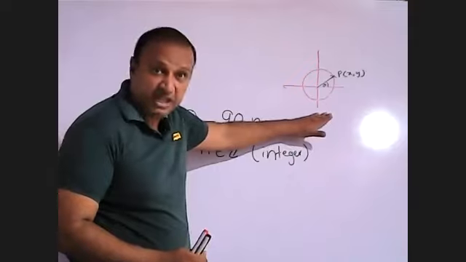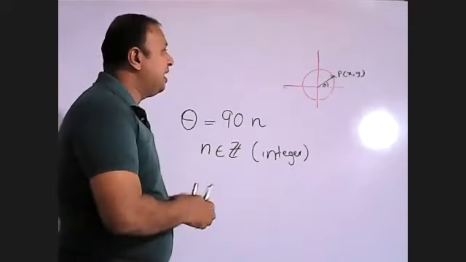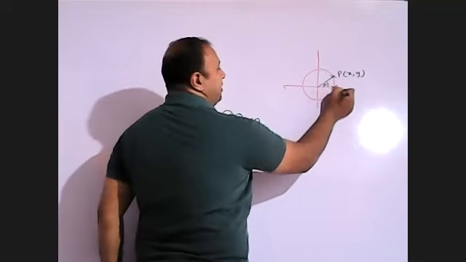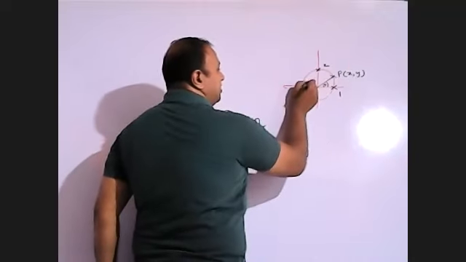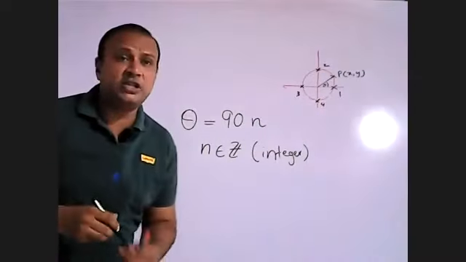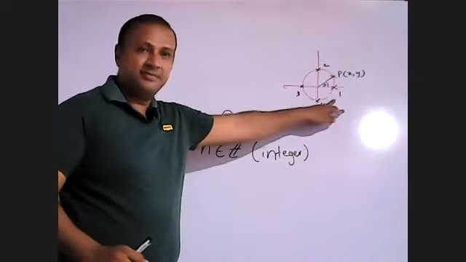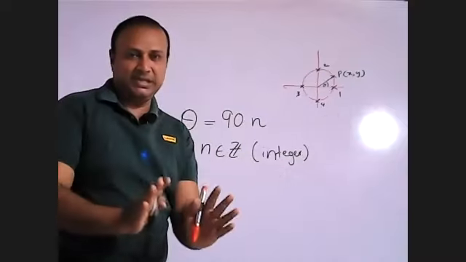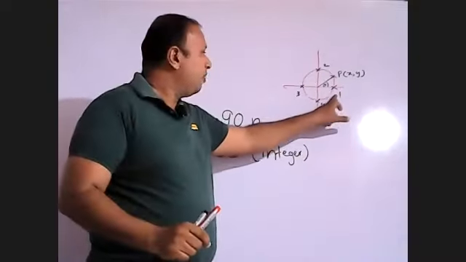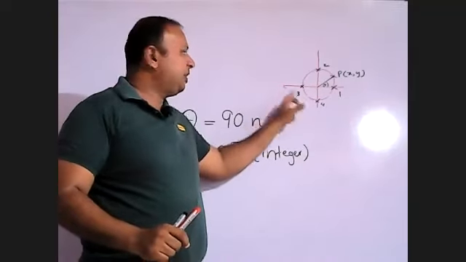As this is a unit circle, I know these 4 points, this point, this point, this point, and this point. I know the exact coordinates of point 1, 2, 3, and 4.